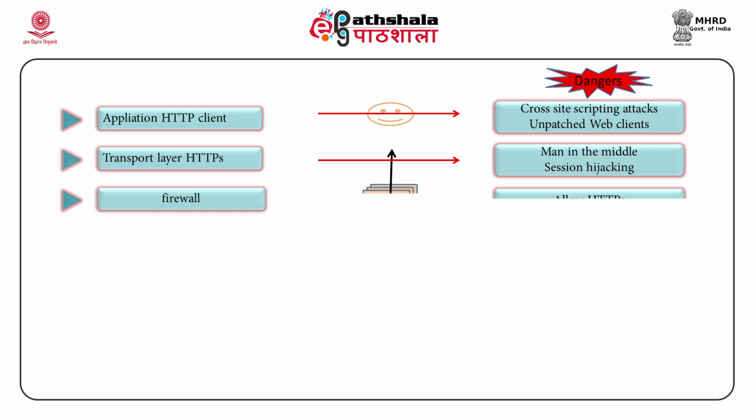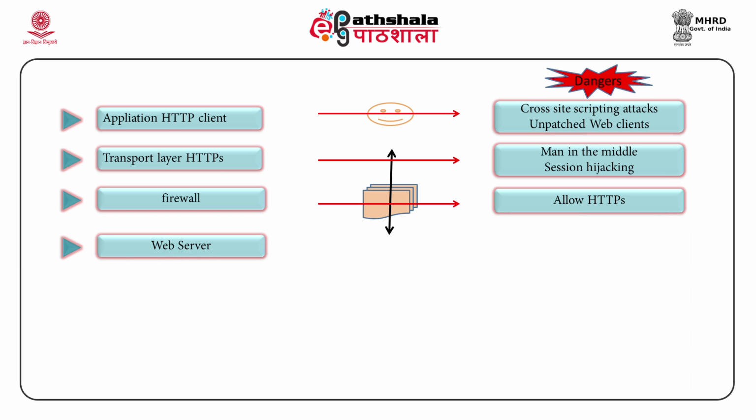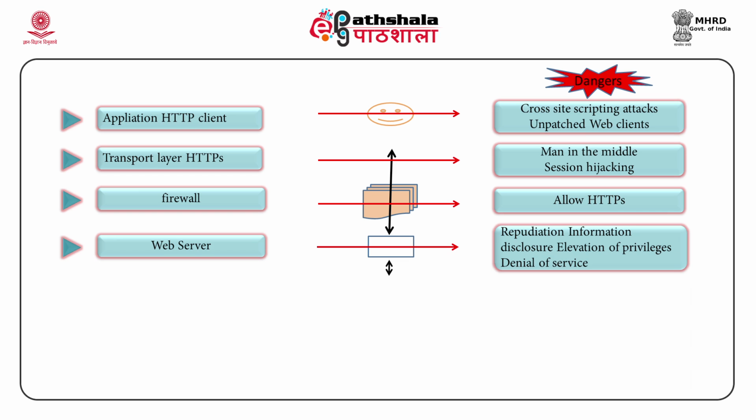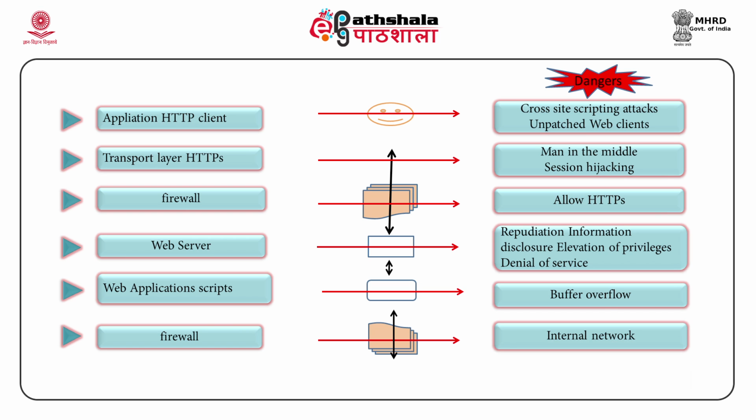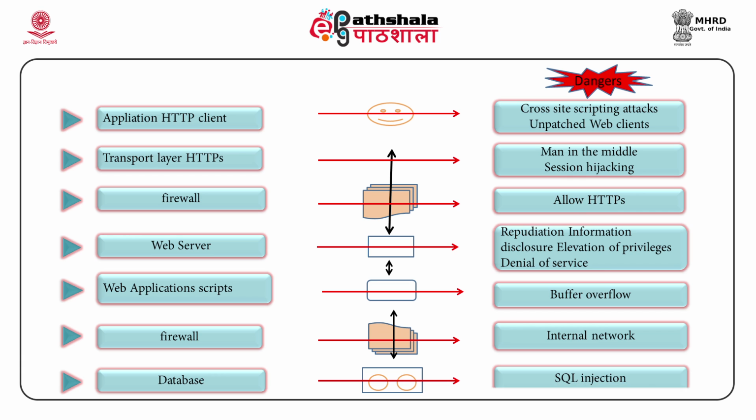Firewalls allow HTTPS, that is a secure layer. The web server has threats of repudiation, information disclosure, elevation of privileges, and denial of service. Web application scripts have buffer overflow problems, the firewall protects the internal network, and the database has SQL injection danger.